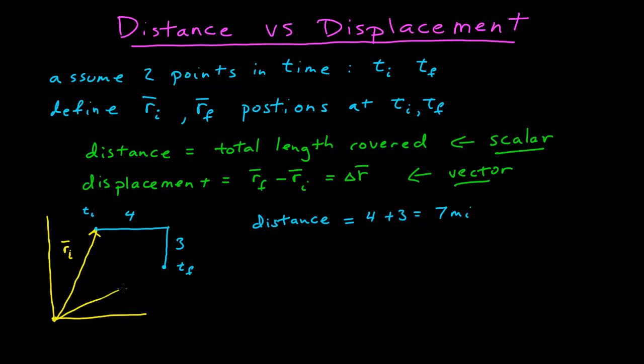And then the final vector is the position of the particle at the final time. And so then the displacement, delta r, is just the final vector minus the initial vector.